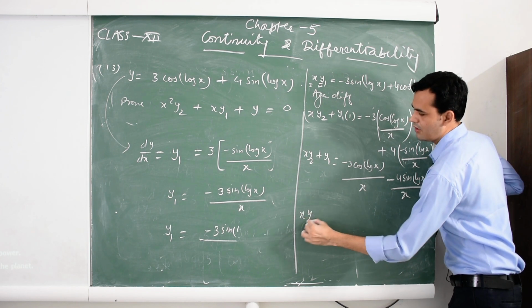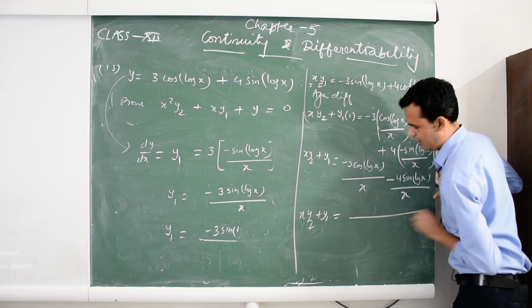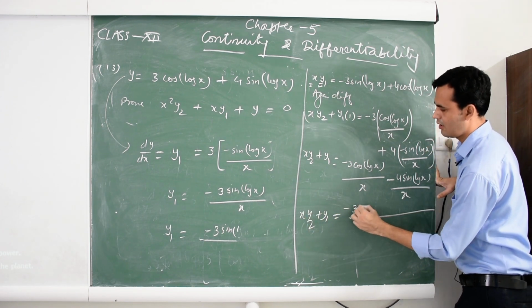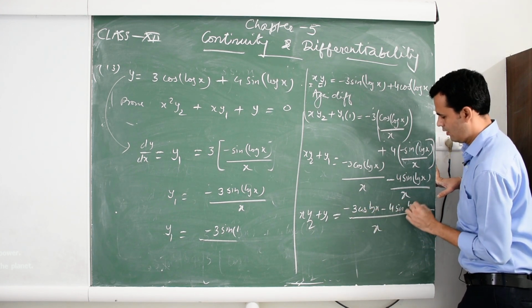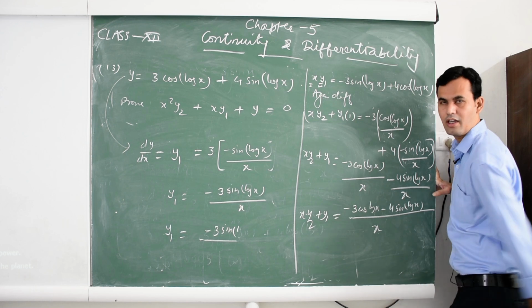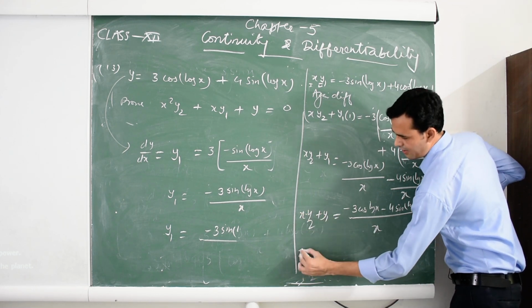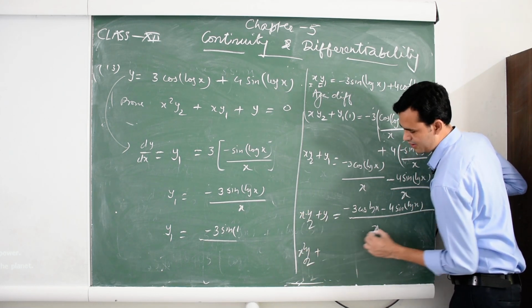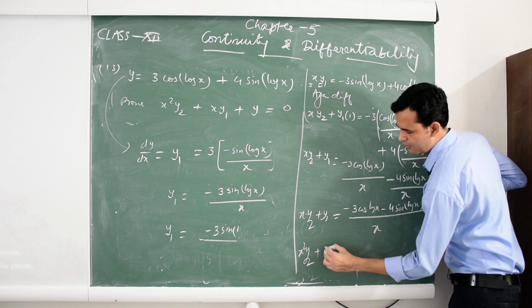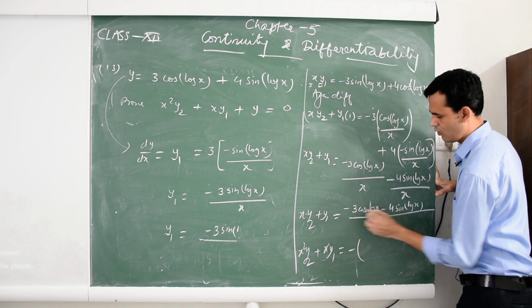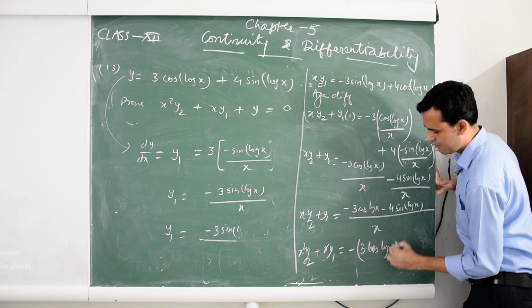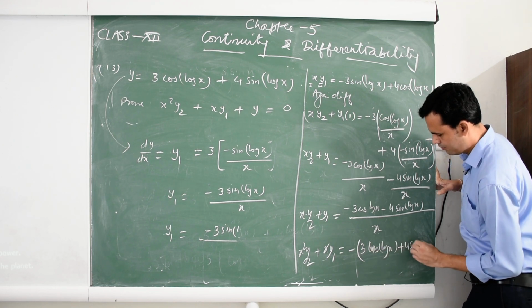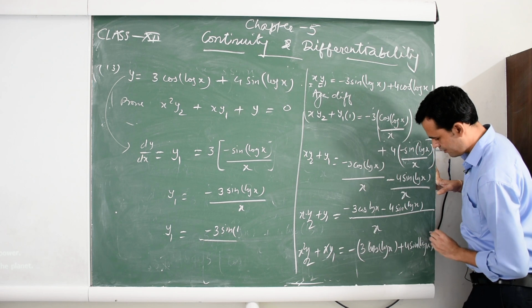Again we take x as LCM, so minus 3 cos log x minus 4 sin log x. x is in LHS, so x into x, x square y2 plus x y1 equals minus common, 3 cos log x plus 4 sin log x.